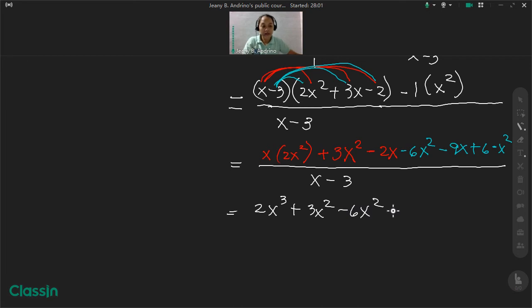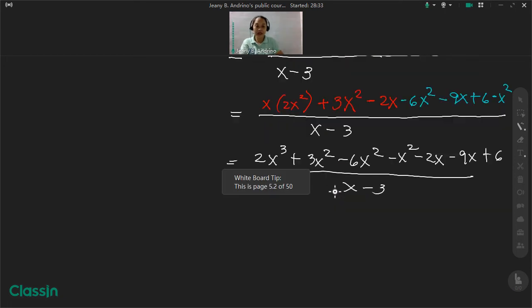And then we have minus x squared. Take note, when you are trying to move your numbers in here, you have to bring the sign which is before them. So this time we have x squared. The sign before them is negative, so you have to bring that along with your x squared. Next, we go for negative 2x, and then we have negative 9x, and we simply copy plus 6, and then over x minus 3.